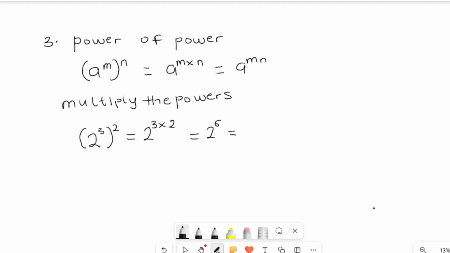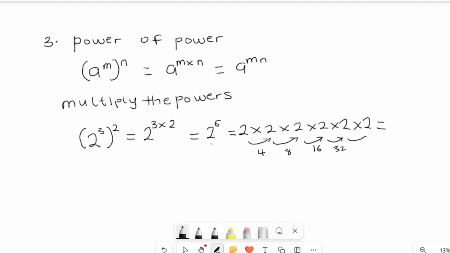that we should multiply this base 2 six times, because the index of the power is 6. So we have 2 times 2 times 2 times 2 times 2 times 2. 2 times 2 will give us 4. 4 times 2 will give us 8. 8 times 2 will give us 16. 16 times 2 will give us 32.